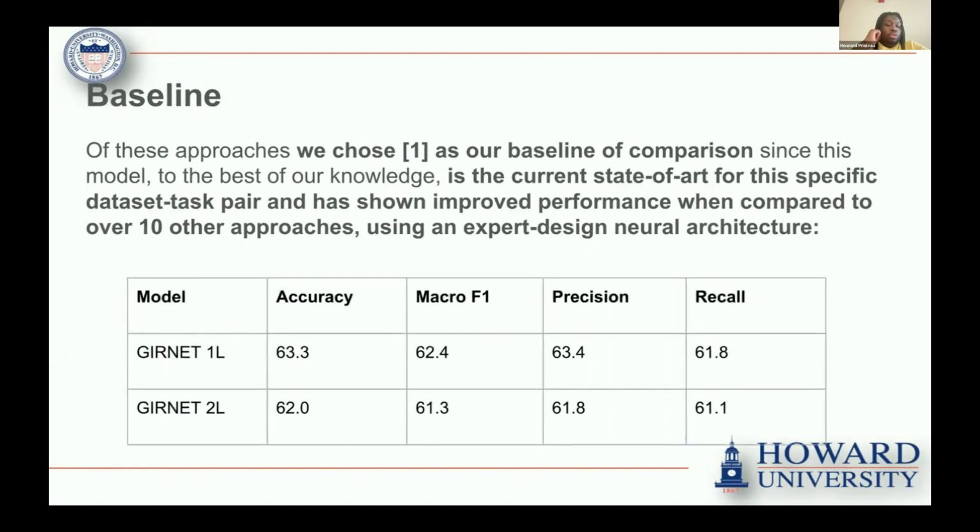This is what it was able to score on the same task that we are trying to implement: a 63% accuracy, 62.4% macro F1, a 63.4 precision, and a 61.8 recall. And that was the best performer between the two GERNet models.